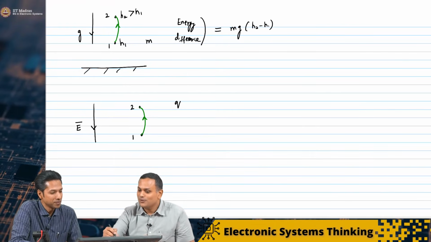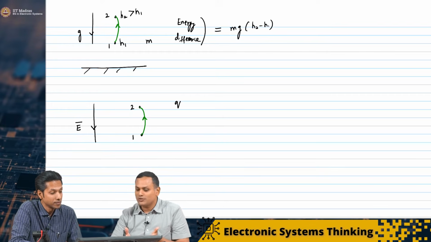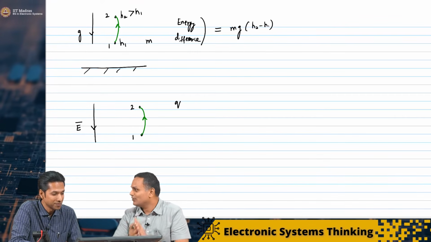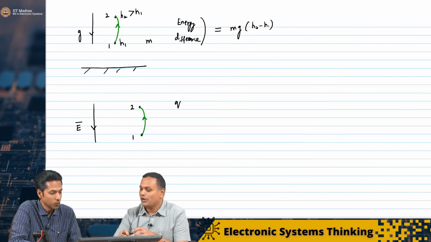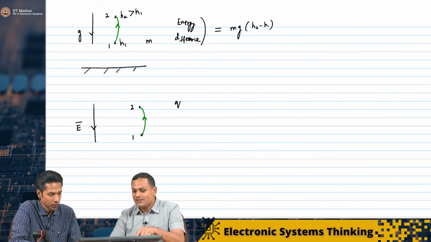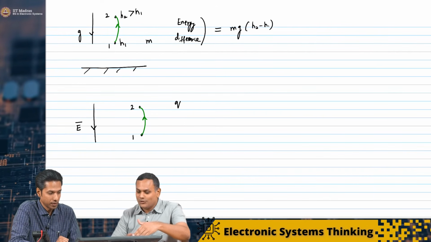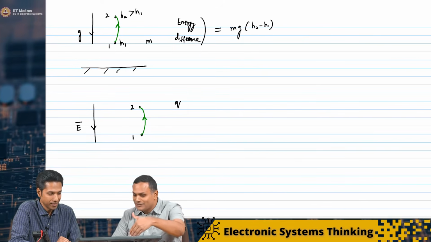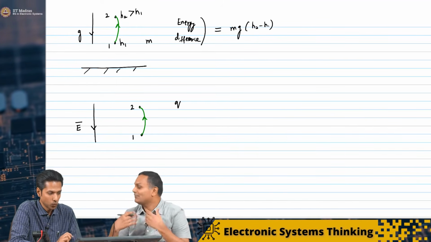Now it turns out that from basic physics, you can show that you need to do work, just like before, to take a charge Q from point 1 to point 2. Because we have drawn it such that the electric field points downwards from point 2 to point 1, you will have to do work.